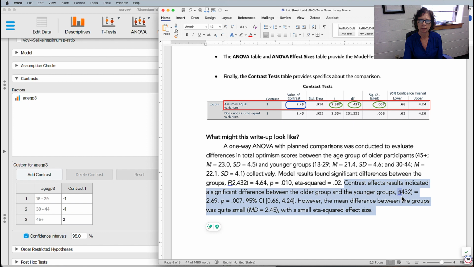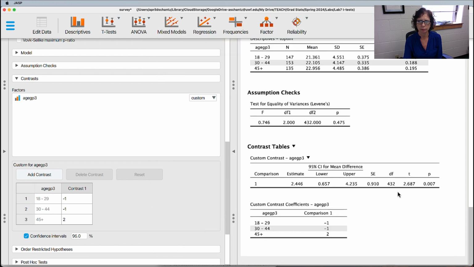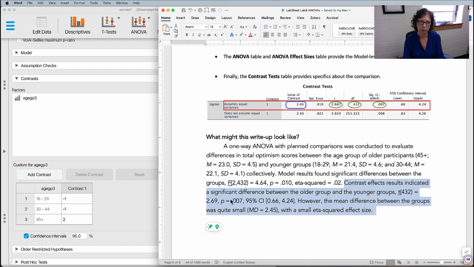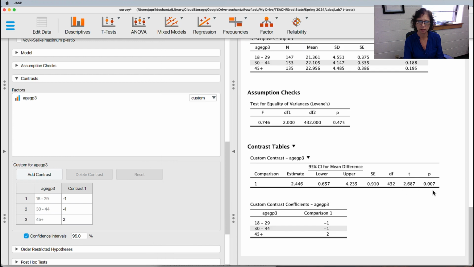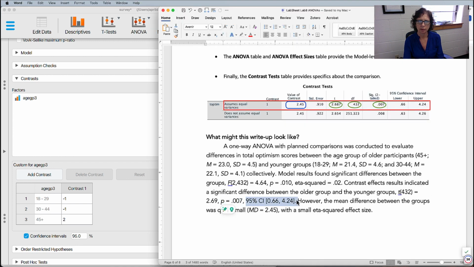And here I have the t-test value, 2.69 right there. The p-value of the t-test, .007, and the 95% confidence interval.